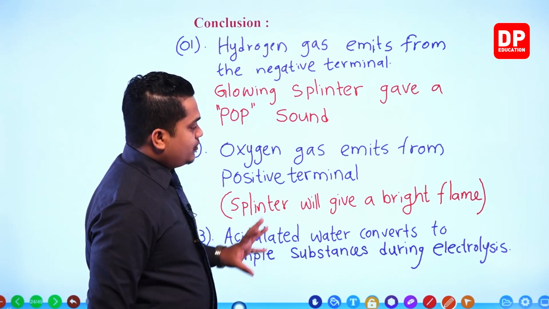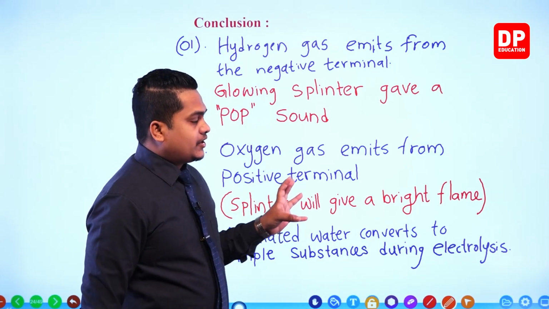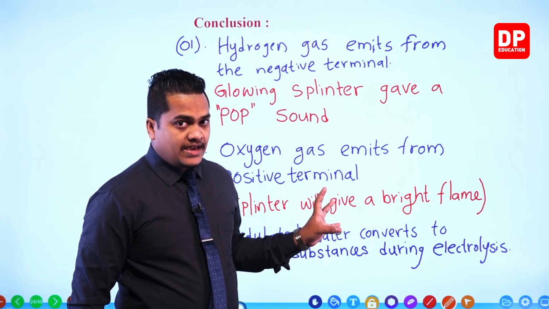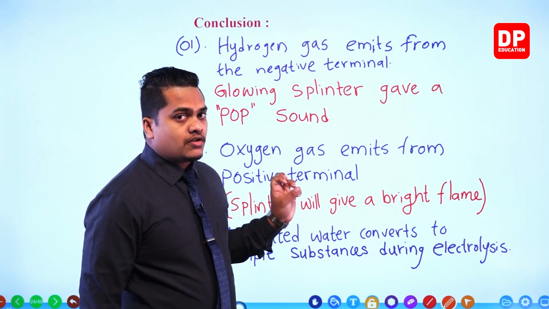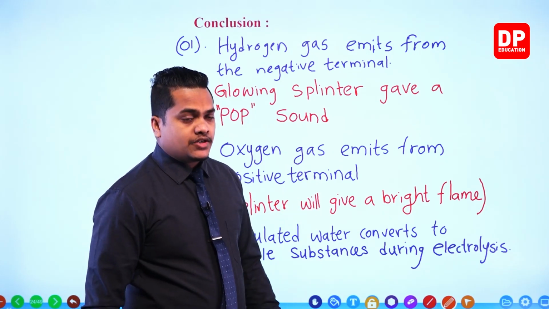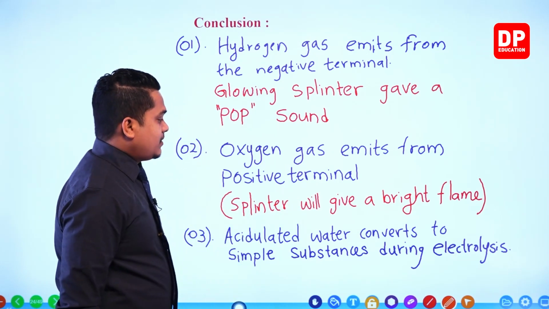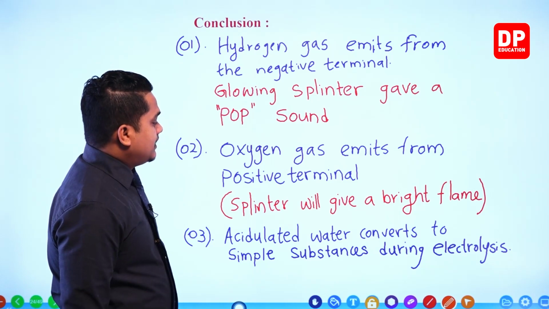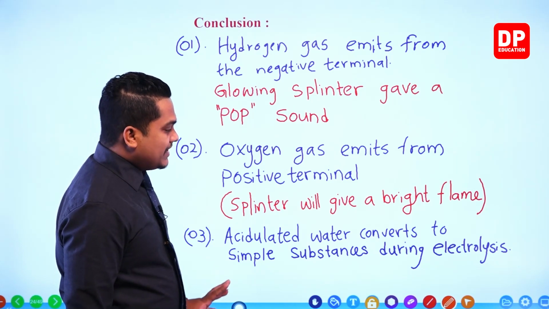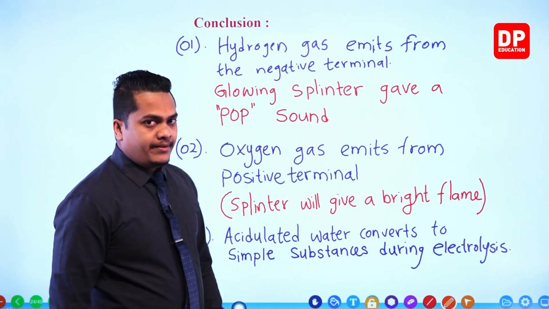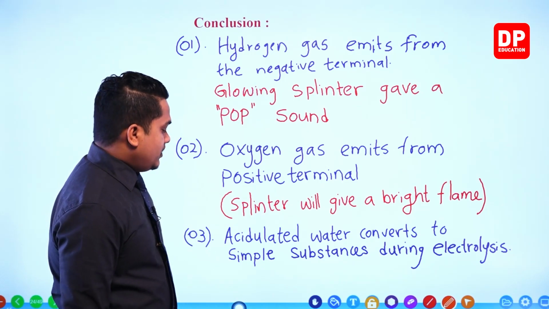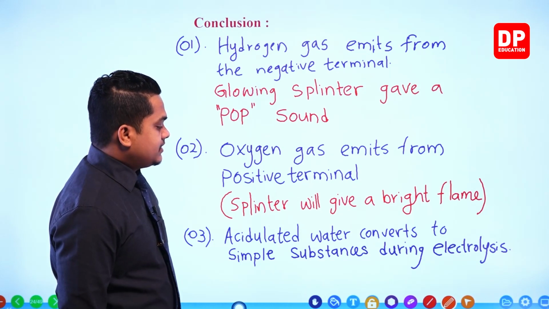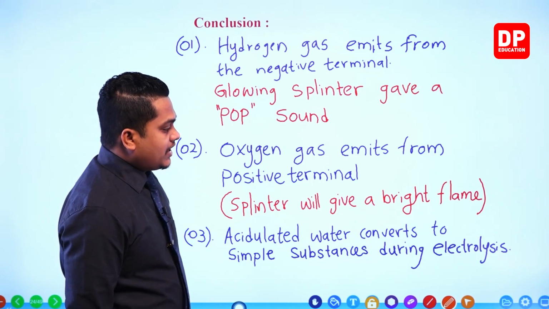So however, if you can insert a glowing splinter to a container of oxygen gas, then it will provide a bright flame, because oxygen is a good supporter of combustion. So oxygen gas emits from the positive terminal, because the splinter is going to give out a bright flame. Okay. Then the third one, acidulated water converts to simple substances during electrolysis.